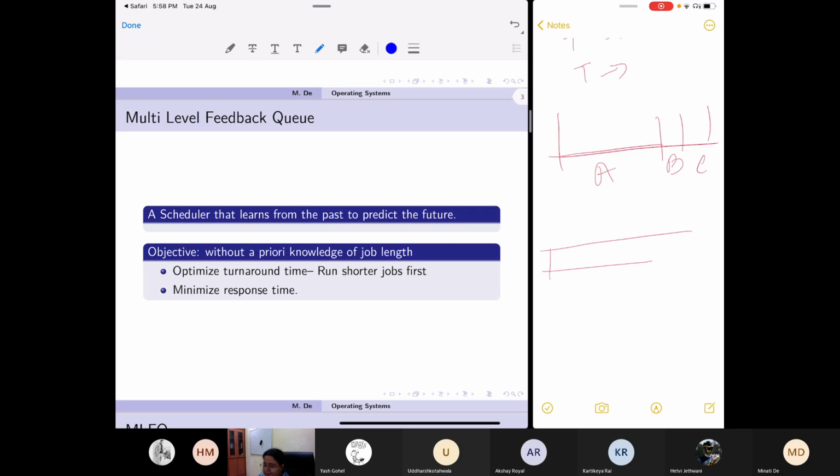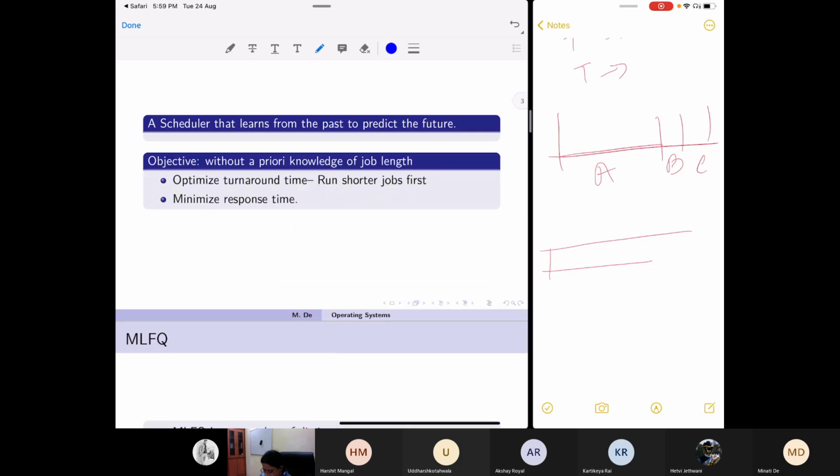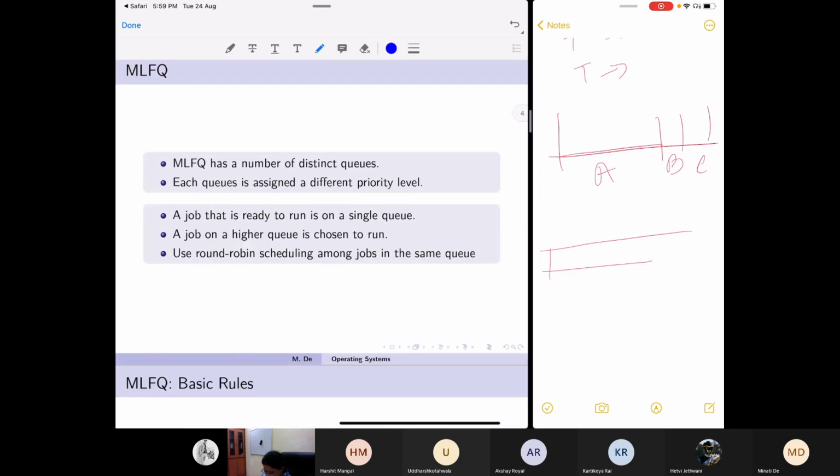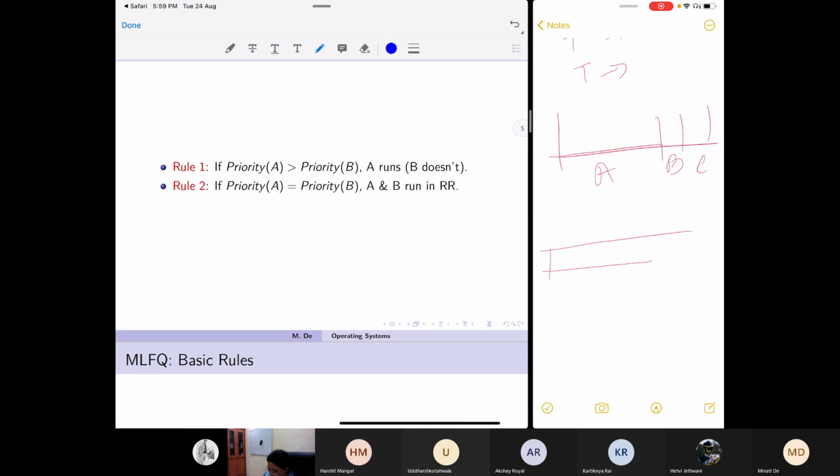And jobs at the same priority level should be treated fairly. So the multi-level feedback algorithm will consider all the jobs in the same priority queue and run them round robin. If they are in different queues, then depending upon the priority, it will schedule them. So in other words, you have mainly two rules.